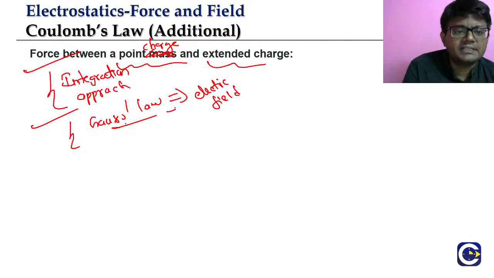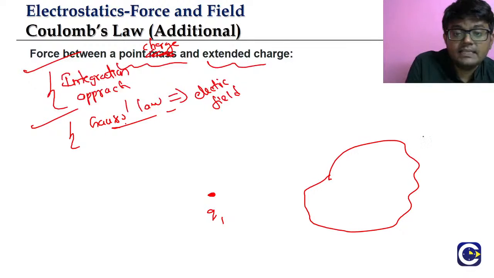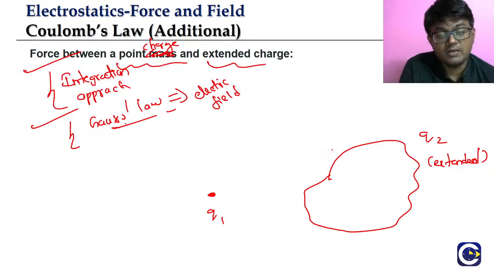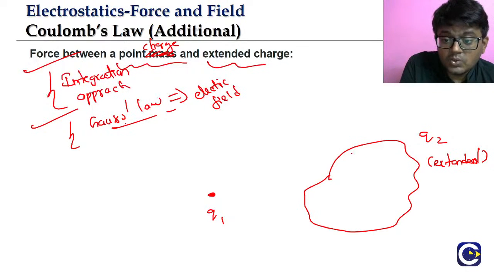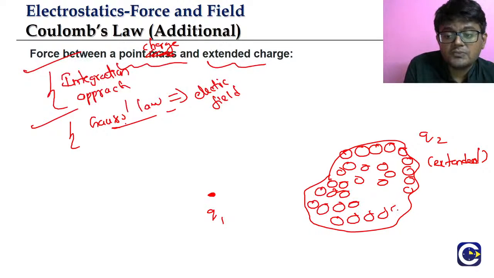I'll just tell you what this integration approach is. I'm not going to detail the procedure. Okay, look here. Let's say this is a charge q1. On that side there is a charge q2 which is an extended one. It is not a point charge, it is an extended charge. So what do we do? We divide q2 into small parts, infinite number of small parts.